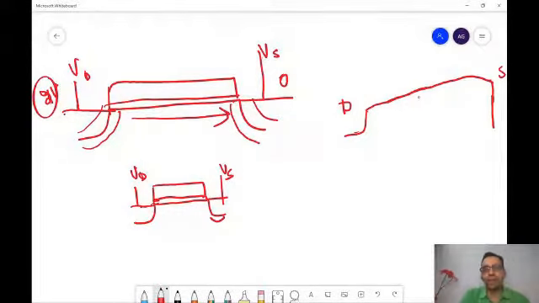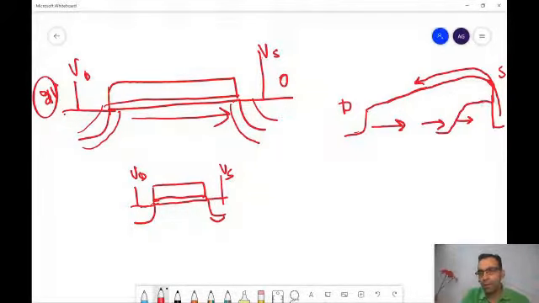Now, in a long channel device, electrons have to jump from source into this region, so this barrier remains high. However, in a short channel device, as drain tends to come closer, we see that the barrier reduces.